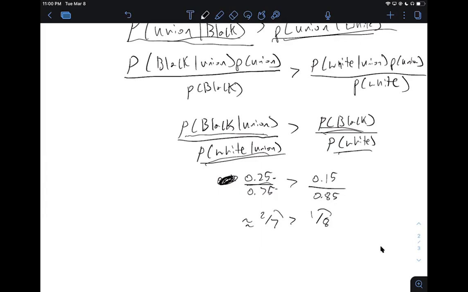So it has to be the case, even if you calculate basically race conditional on union membership, that a careful reader can uncover the fact that black workers in this scenario are more likely to be union members. But that can still be sort of misleading, and that's compatible with it being the case that you are more likely to be white if you're a union member, just as a function of the fact that you are more likely to be white overall. So that's a nice use of Bayes' theorem.